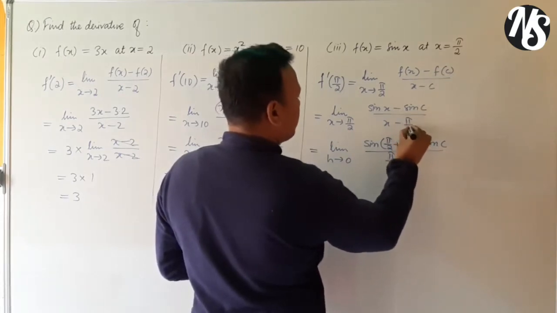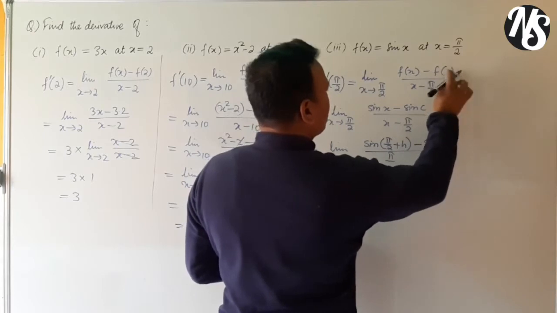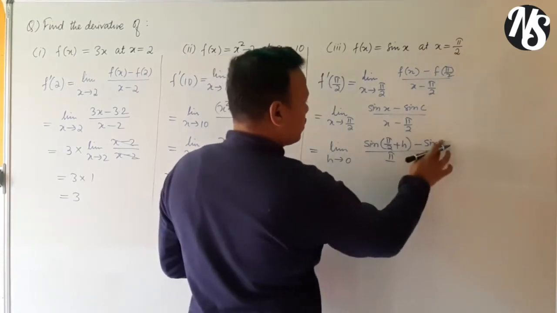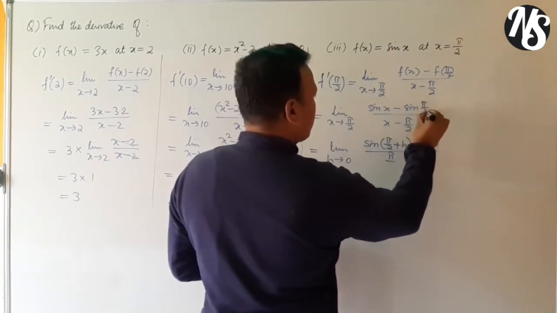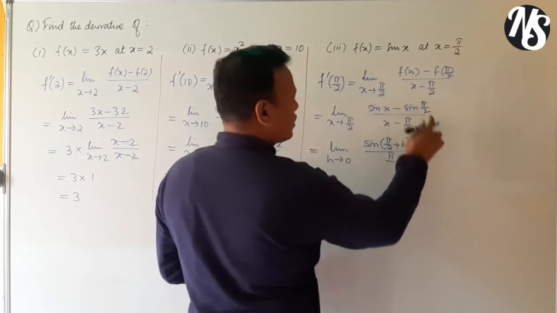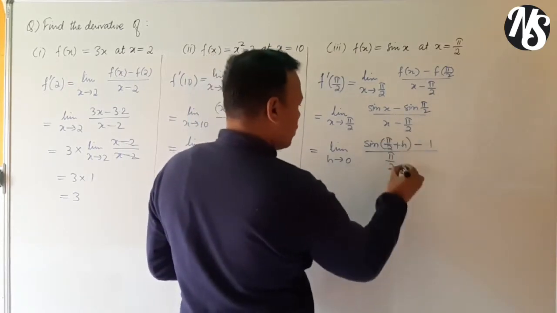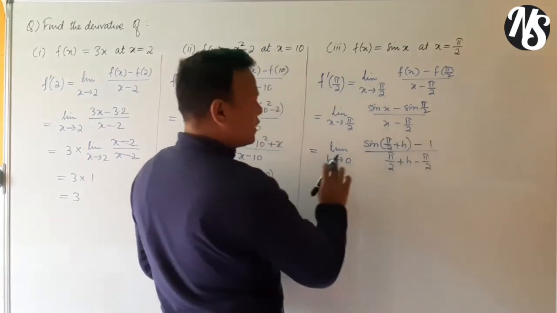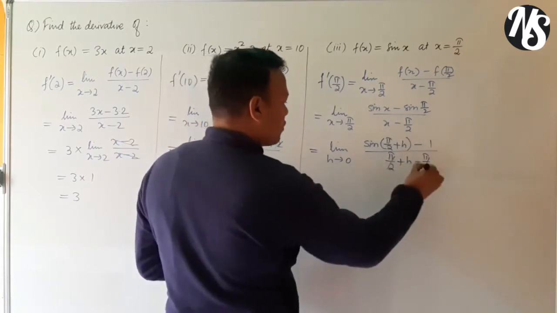C is actually pi by 2, so you can directly write sine pi by 2 here. So this sine pi by 2 is how much? It is equal to 1, yes. So we have sine of pi by 2 plus h minus 1, divided by pi by 2 plus h minus pi by 2. Remember, x is substituted by pi by 2 plus h, so this and this also get cancelled, leaving h.